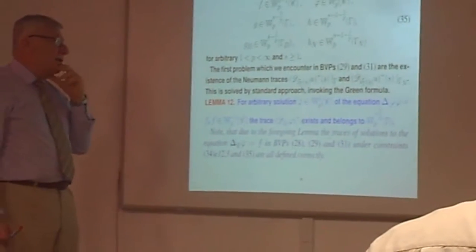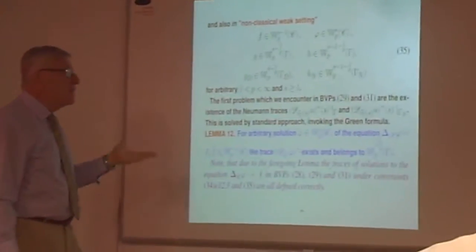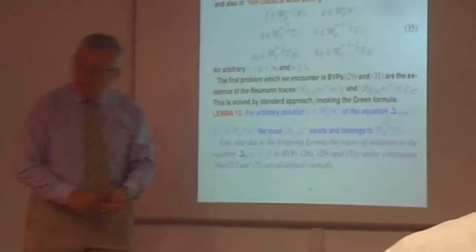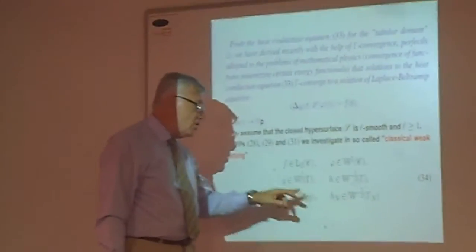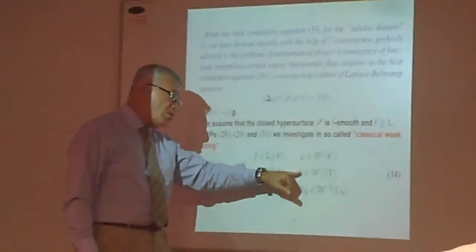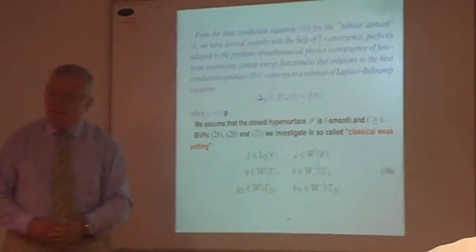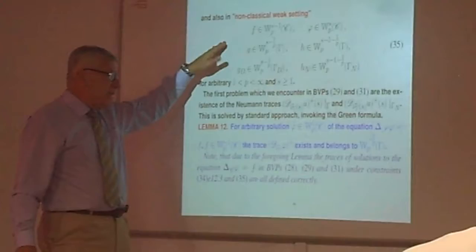So okay, the first problem which we encounter here is the existence of such traces. The function belongs to this space, especially in the previous setting, where the function phi belongs to this, and you take then the trace on the boundary, the trace of the normal derivative. It does not exist. But this problem is solved because our functions are solutions to the Laplace-Beltrami equation.